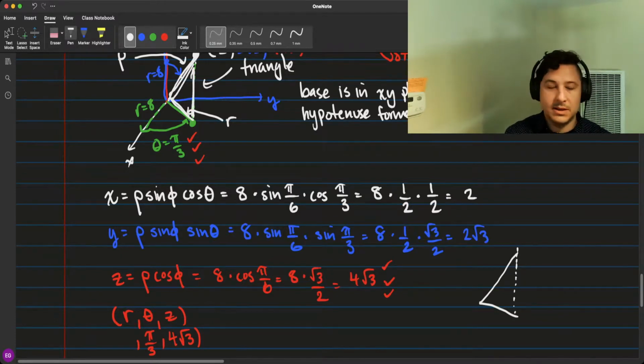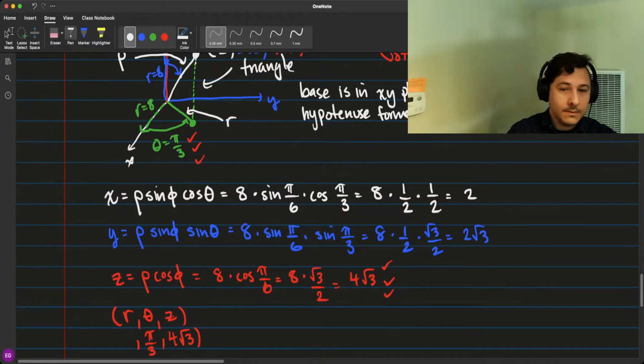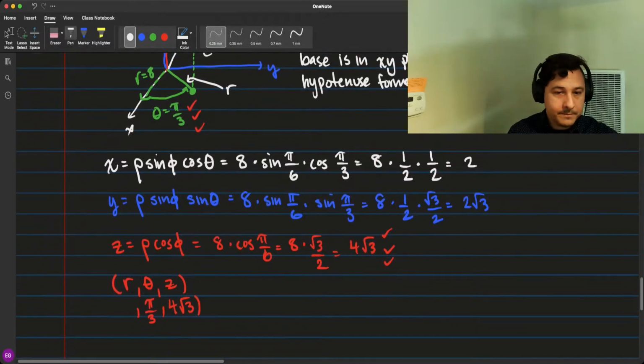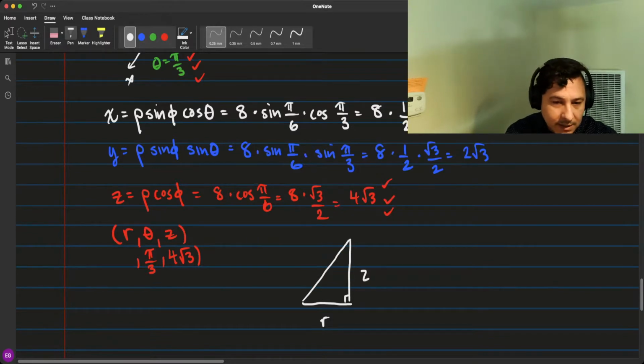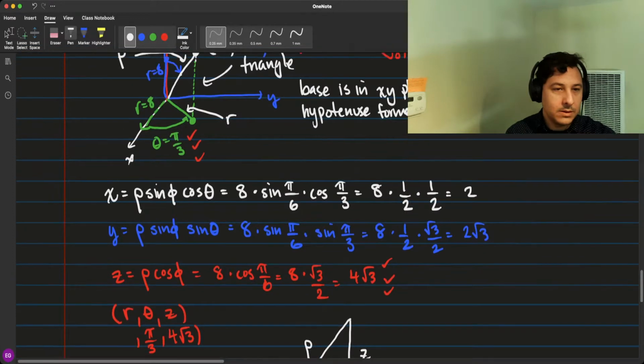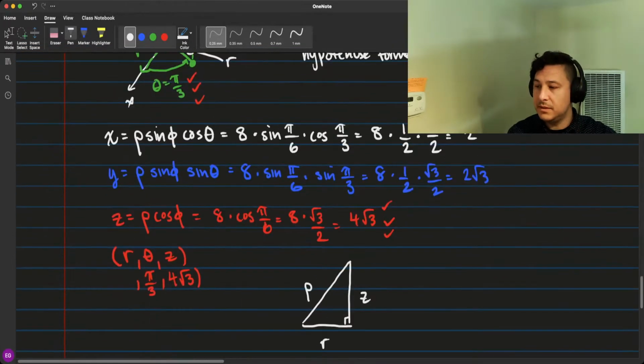Let's draw it nicely over here. So you have this right triangle, you're solving for r, the height was z, and the hypotenuse was rho. That comes from that triangle that I've drawn above.